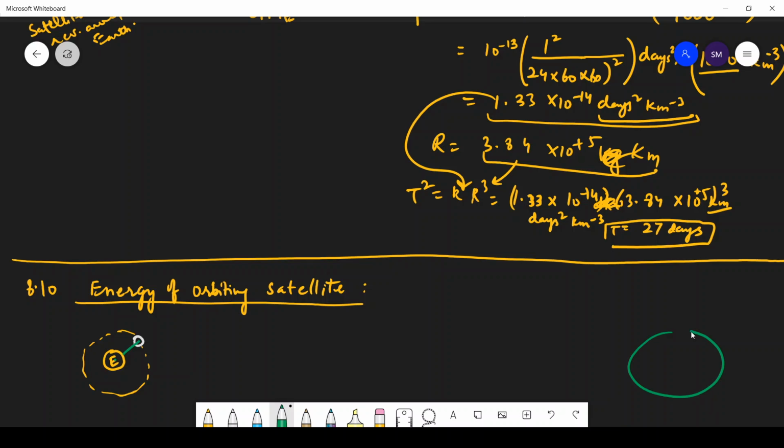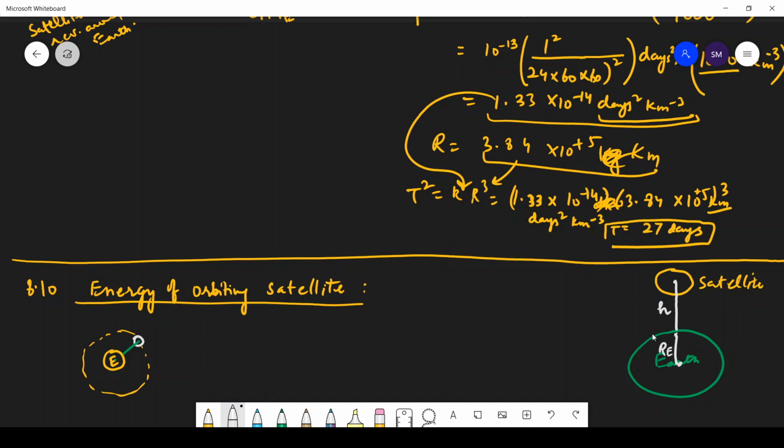This is your Earth, this is your satellite, and students, this is your h. From the surface of the Earth to the satellite, this is your h, and this is the radius of the Earth, RE.